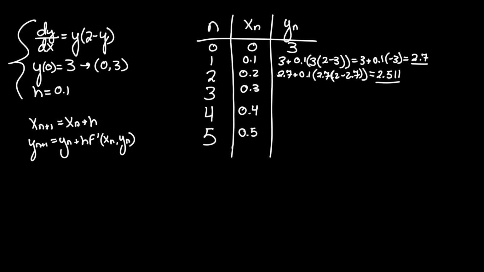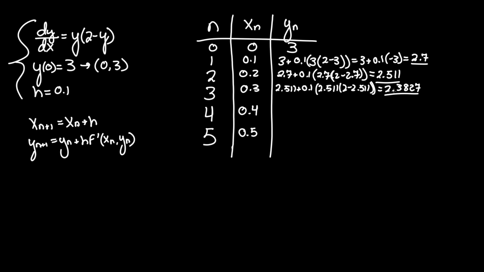So it's continuing to decrease. Following the same pattern, 2.511 is now added to h of 0.1 times 2.511 times (2 minus 2.511), and that gives you 2.3827. And you could round off probably to the 4th decimal, that's good enough.